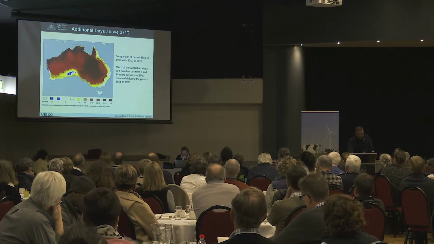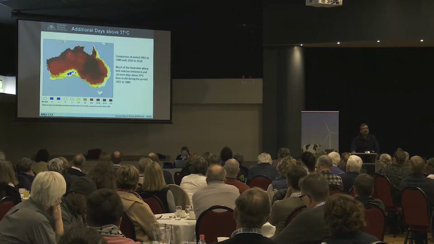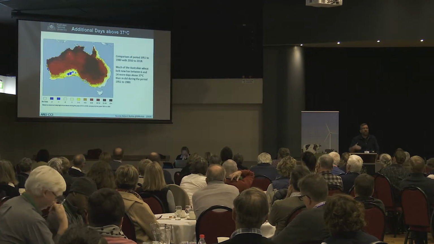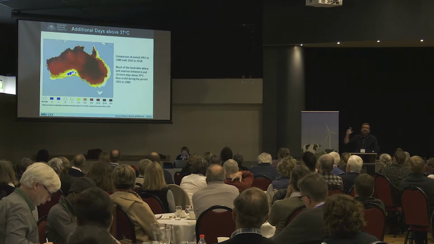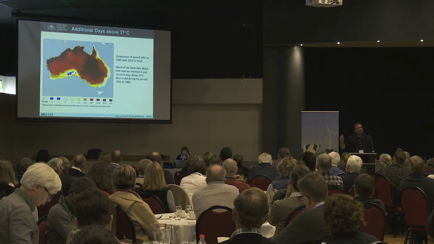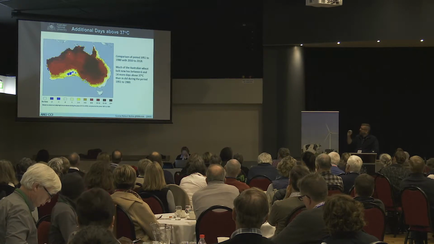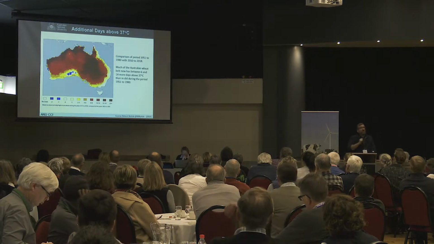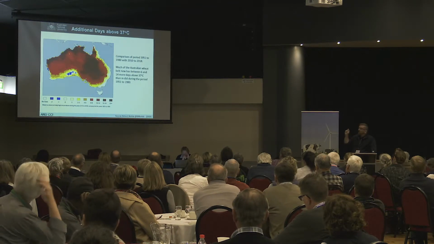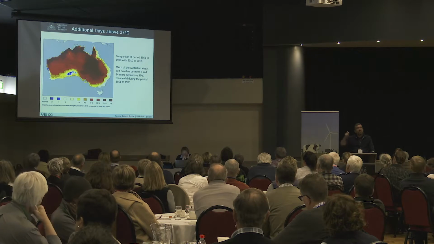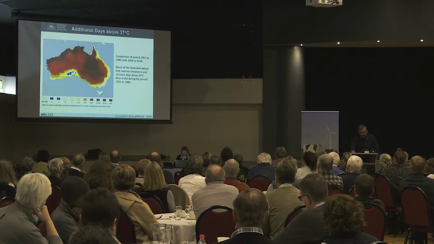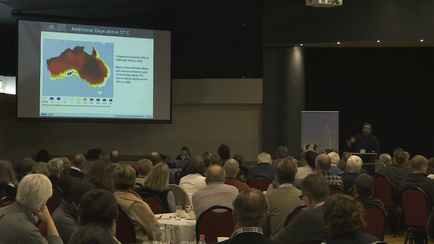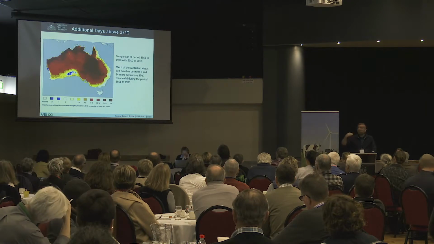So as Lynette said, the impacts that we are seeing are really through the temperature extremes. And this map of Australia shows you a comparison of days above 37 degrees between 2 periods: 1951 to 1980 and 2010 to 2018. And what you can see is undeniably across almost all of the country, the number of days above 37 has increased.